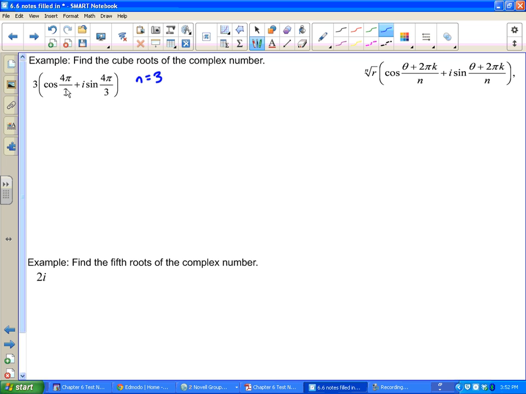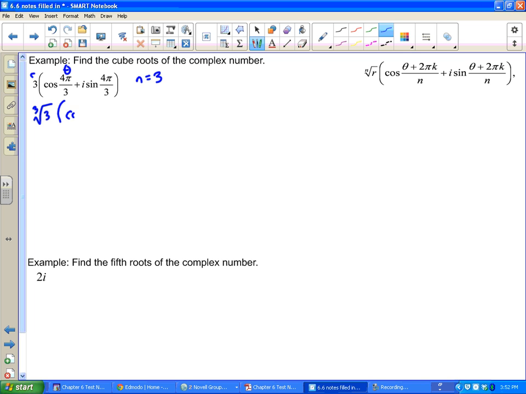Then if I think about a normal complex number in trig form, my 3 is my r, 4 pi over 3 is my theta. Now what I'm going to do is plug in r, theta, and n into this formula I have. So I have the nth root of r, so that's the third root of 3.